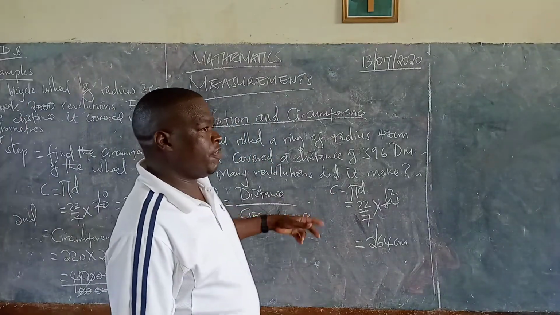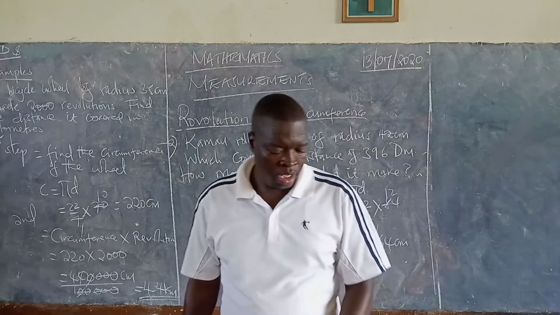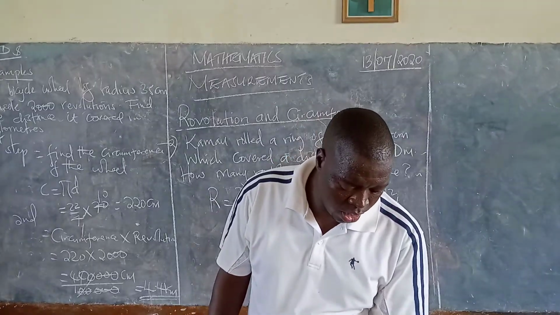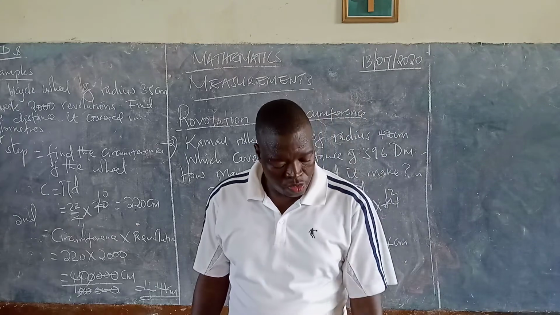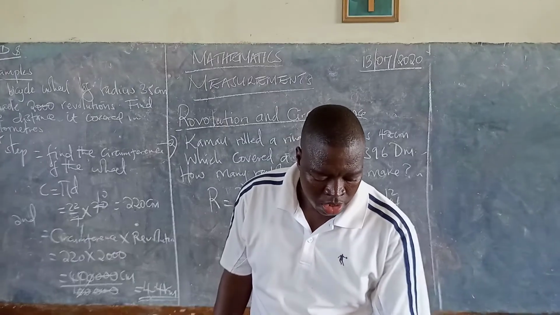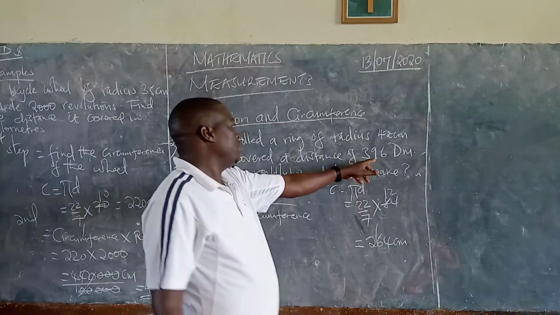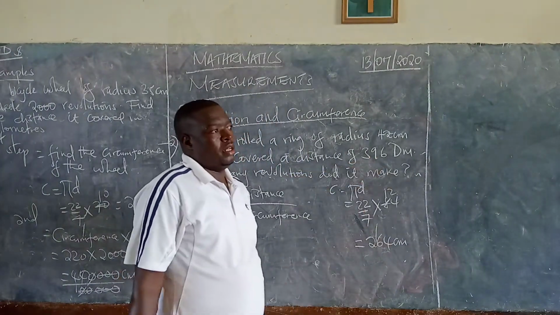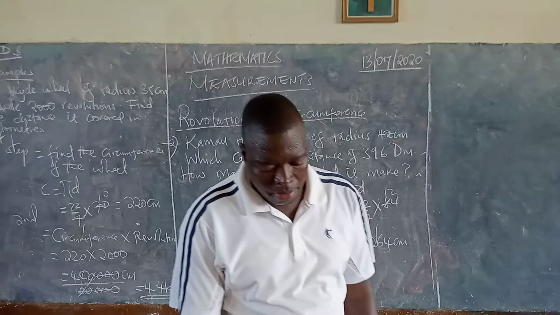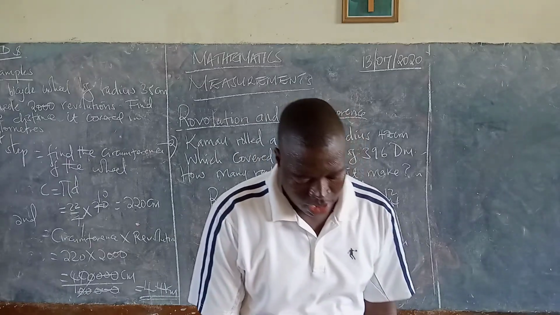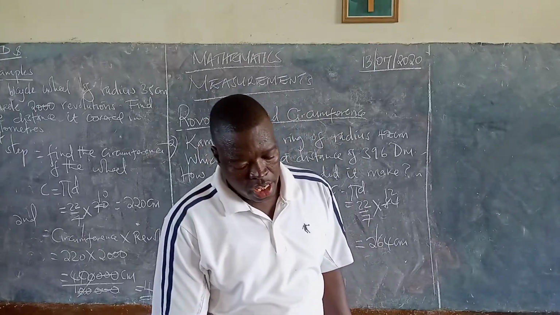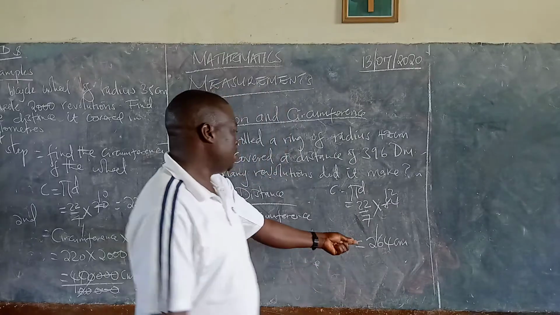So our first step, of course, we now have the circumference of this wheel. Then we move on to the next step, changing the distance, 396 decameters, into centimeters.